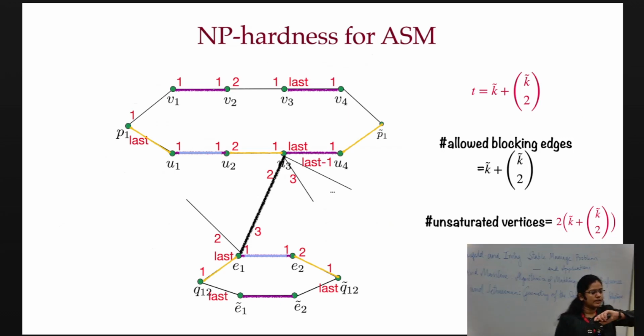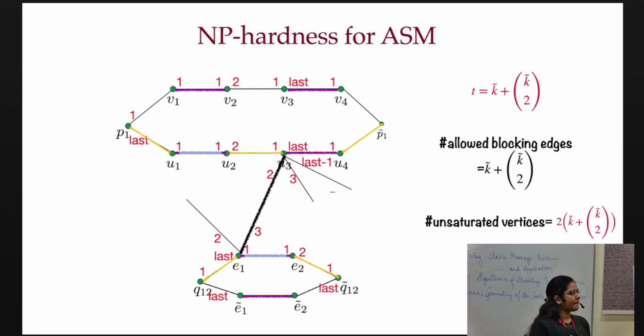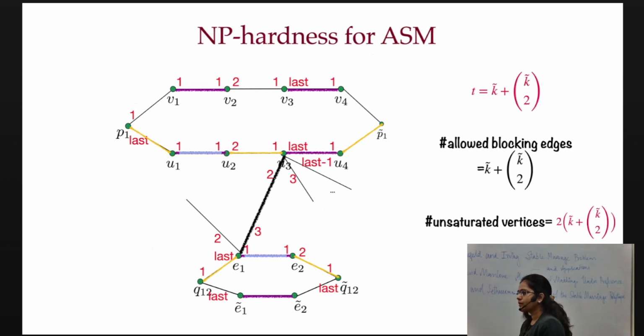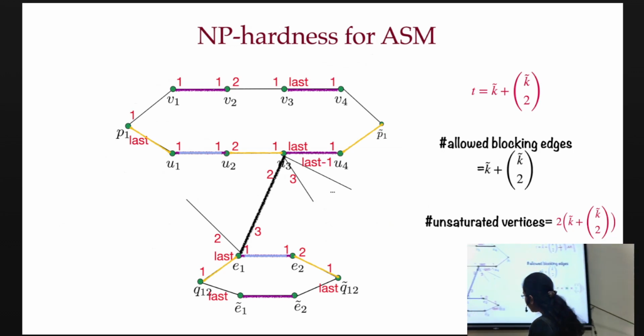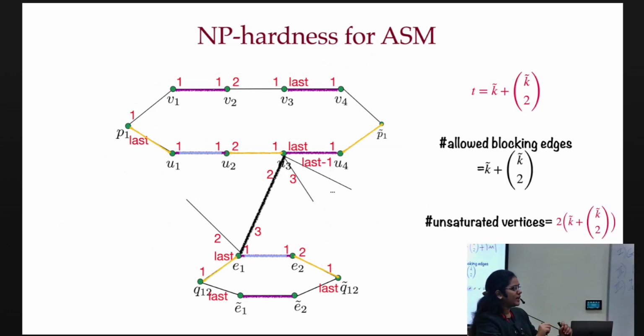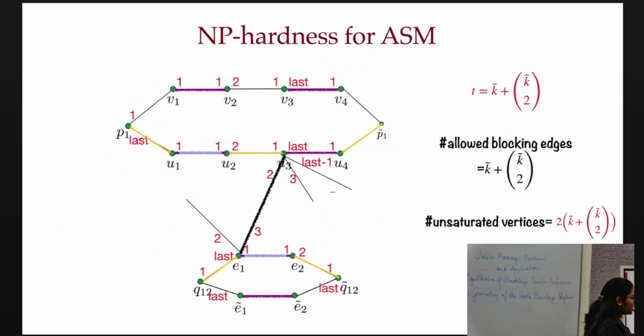Do you agree or not? Correct. Preferences between them is arbitrary, right, but this is one and this is last, this is true, right. Preference between the edge neighbors is arbitrary, right, but the first preferred person of E1 is E2, right, and the last preferred person of U3 is U4.